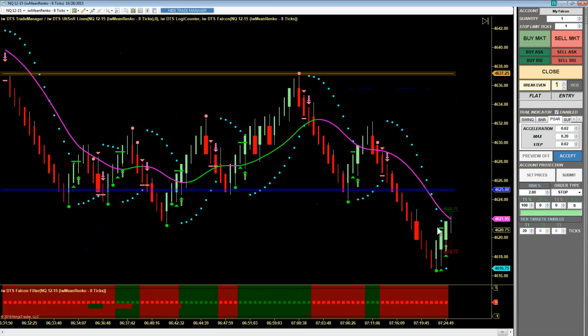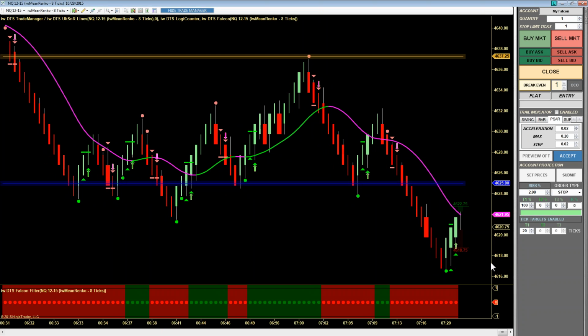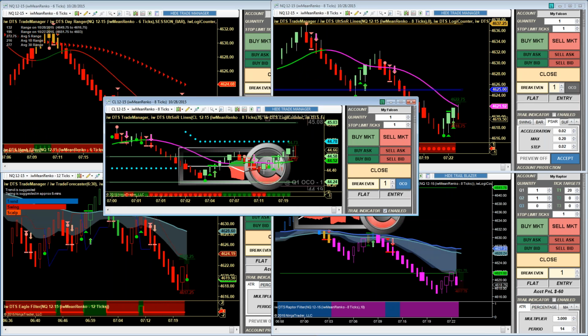So here it looks like we got stopped on a little bit of a retracement, got tagged by the parabolic stop, but you can see how I didn't even have to monitor the trade at all. Once the signal was taken, Trade Manager pretty much did everything else for me.